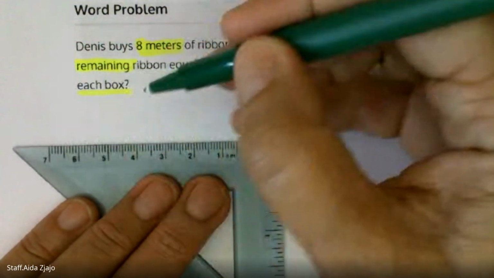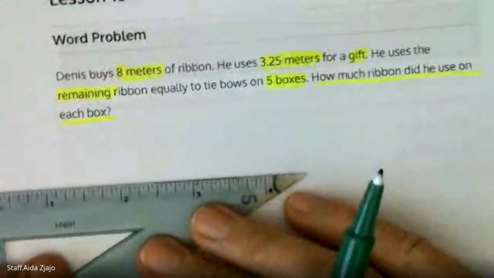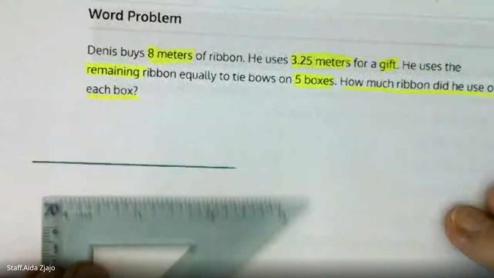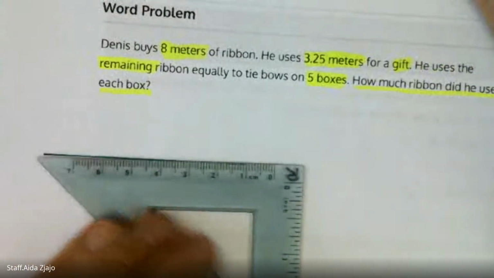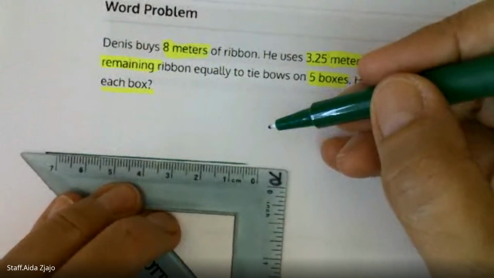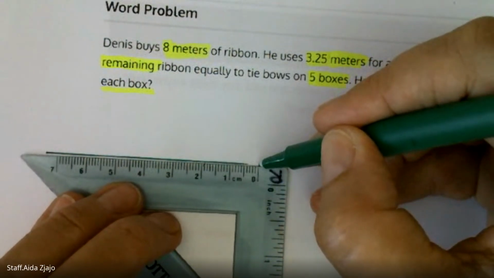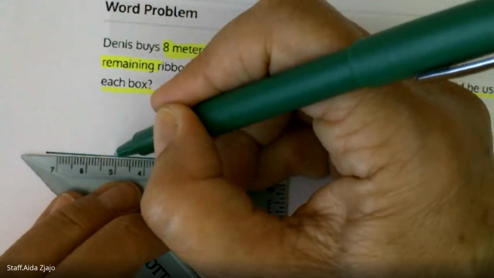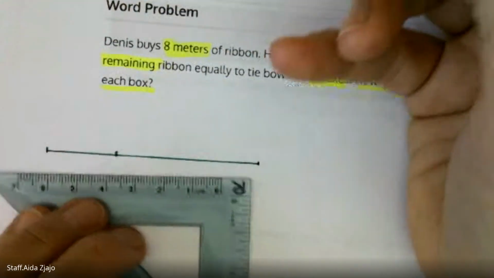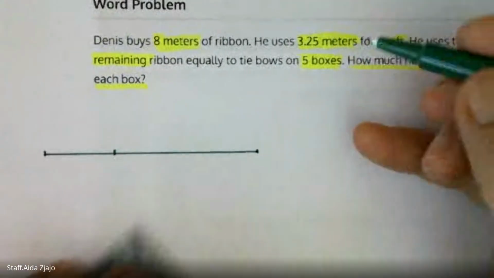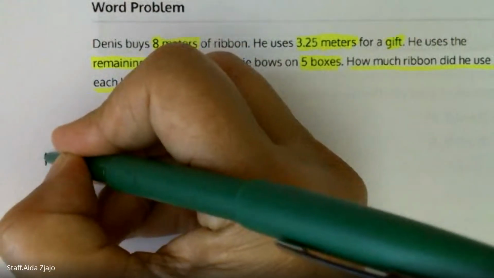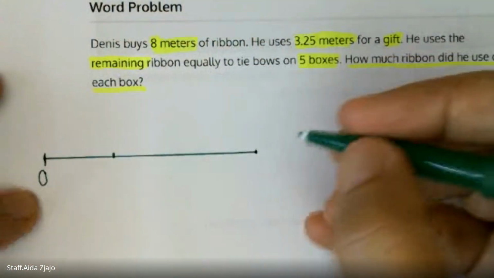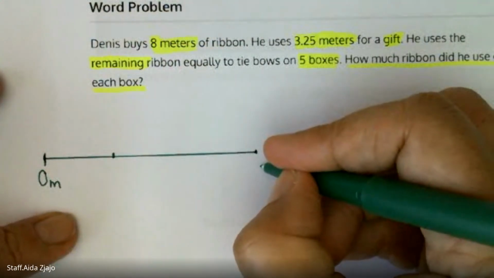If that is my ribbon, his ribbon, and he starts with 0 meters, and he bought 8 meters altogether.